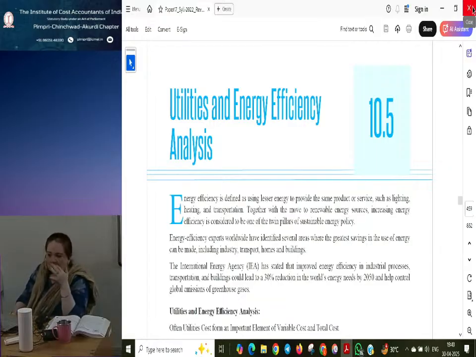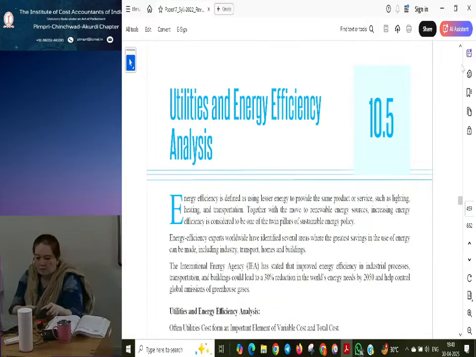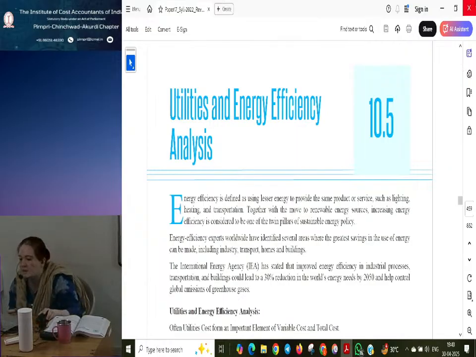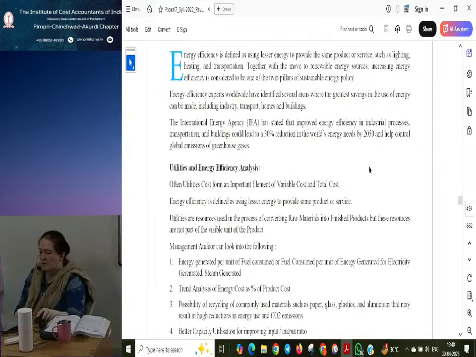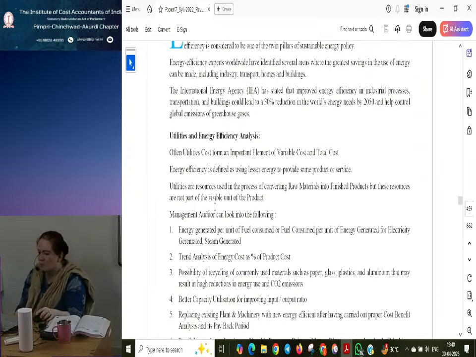Okay, so as I told, utilities and energy efficiency analysis plays an important role. So what are the things a manager or auditor will look into? First comes energy generated per unit of fuel consumed, or fuel consumed per unit of energy generated, for electricity and steam generated.